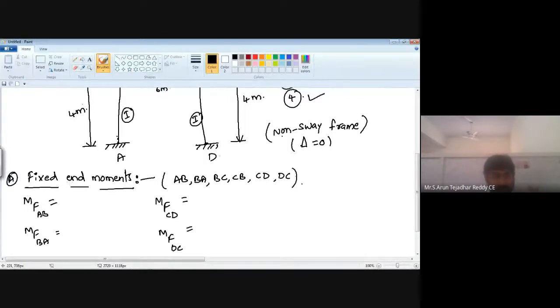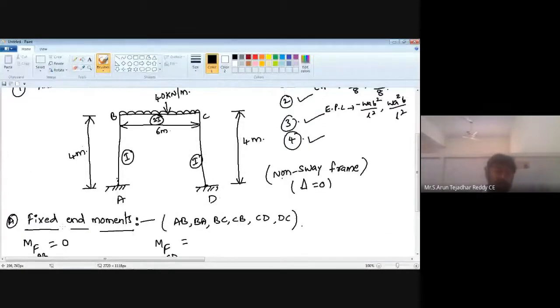So directly, I can write it as 0, 0. Okay. If any load is acting in between A to B, then I have some formulas. But in between A to B, I don't have any load. So simply I can write it as 0.